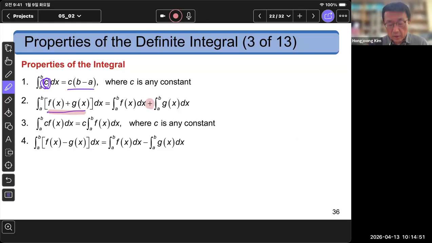In a similar way, if I multiply c to f, then its definite integral will be c times the definite integral of f. And if I combine number 2 and number 3, you get this. So these are some simple properties.